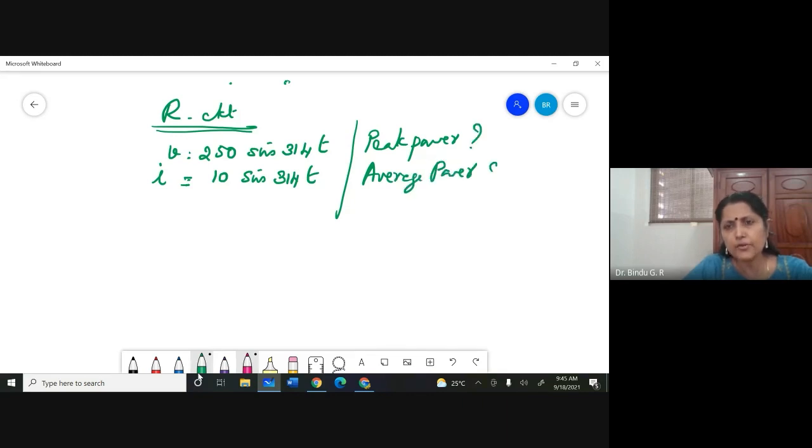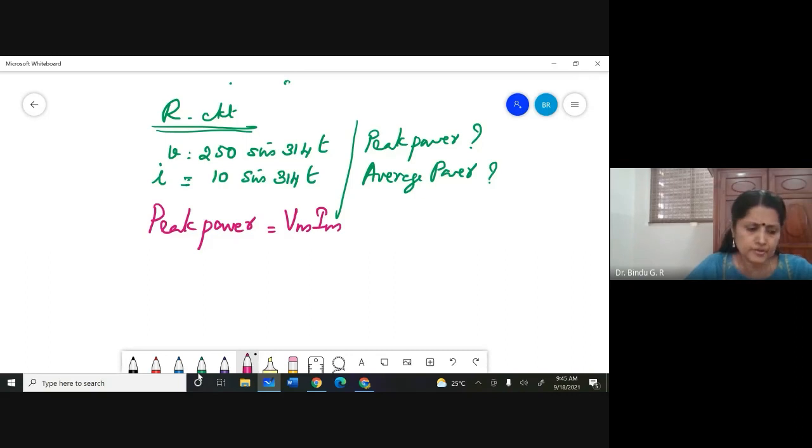This part I'll go very fast because this is what you have already been finding out. Peak power in a purely resistive circuit will be Vm Im. Here Vm is 250, Im is 10. 250 into 10, 2500 watt.